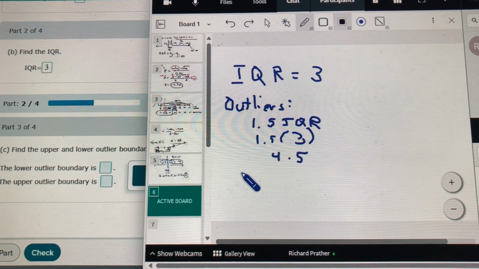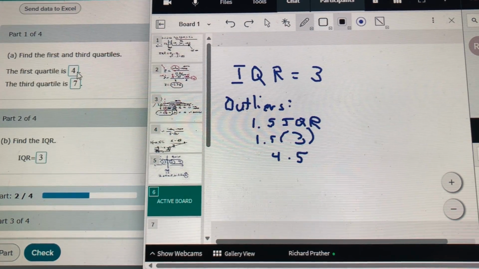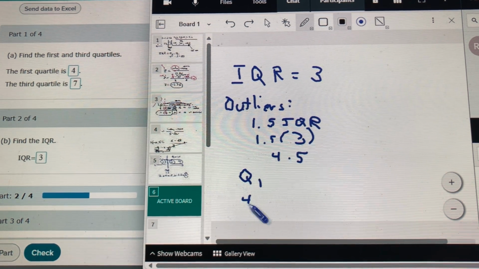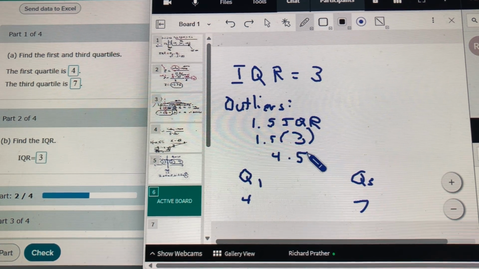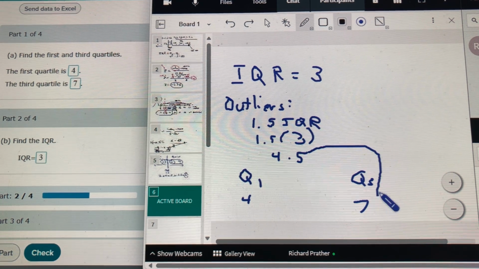And then remember Q1 was 4 and Q3 was 7. So once you get 1.5 times the IQR, this is an amount that you add to the upper quartile, and you subtract it from the lower.